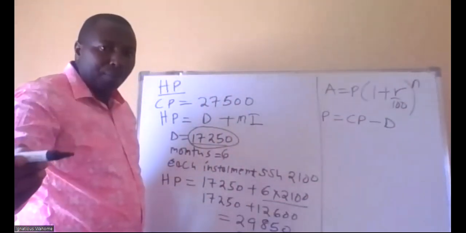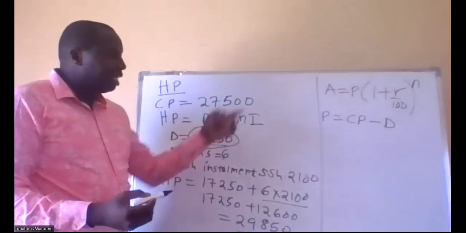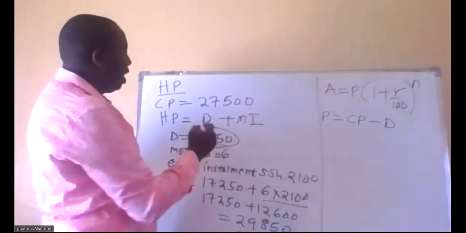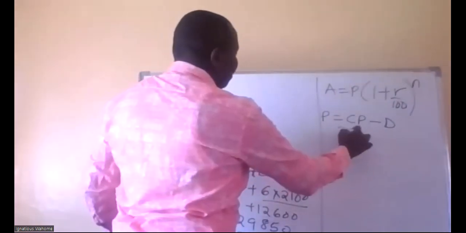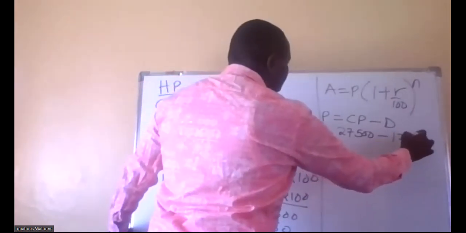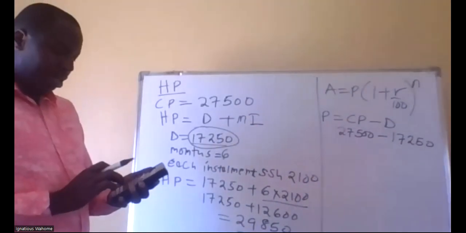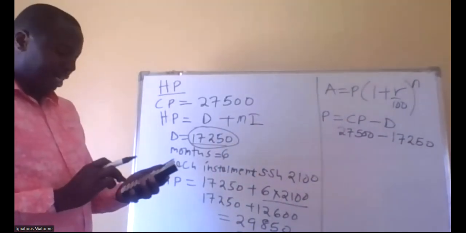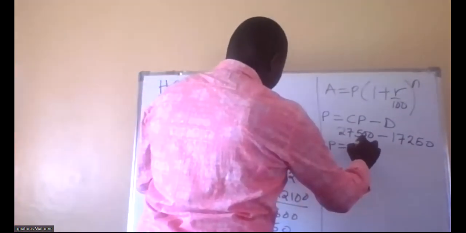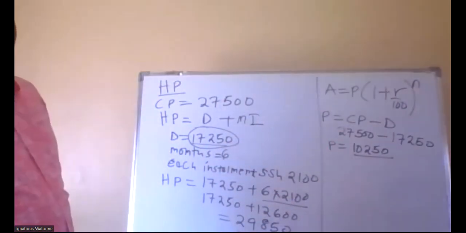Where in the question you are not provided with the deposit and you want to calculate the monthly installments, the cash price acts as the principal of that question. So our principal will be 27,500 minus deposit of 17,250. What's the difference? The principal in this case is 10,250. That's the principal.